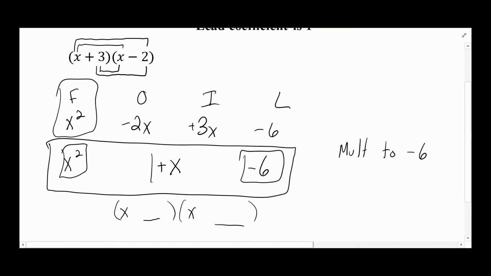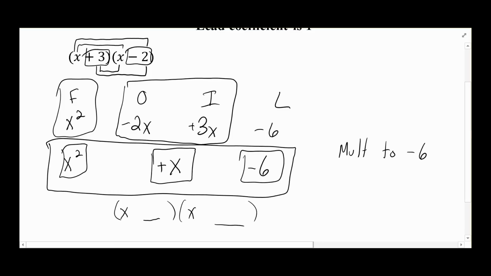But if we look at where that plus 1x came from, that plus 1x came from the O plus I. Well, that was -2 and +3. And so really, we want to make sure that we add to get your middle coefficient.